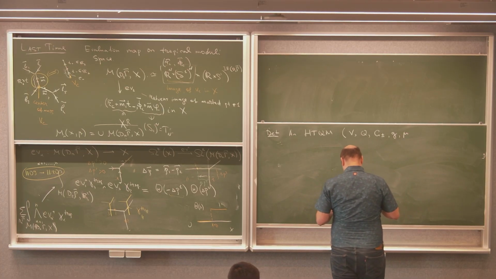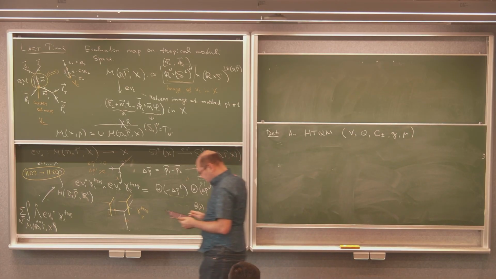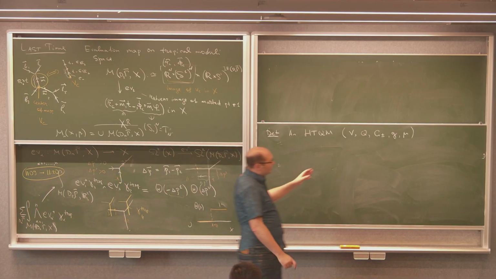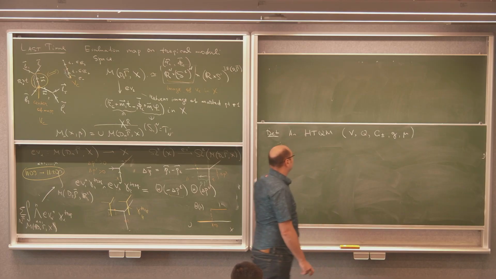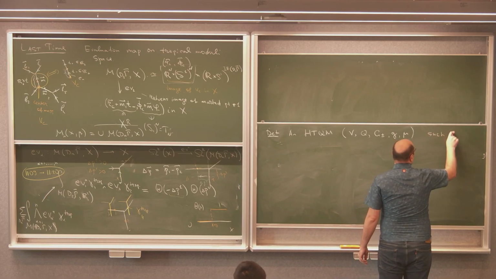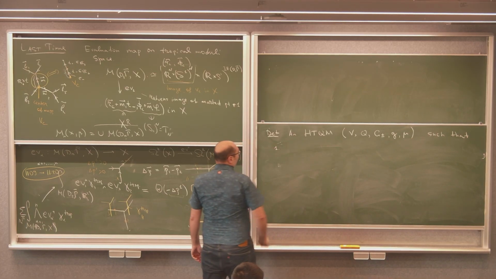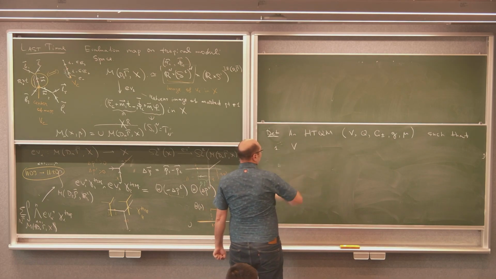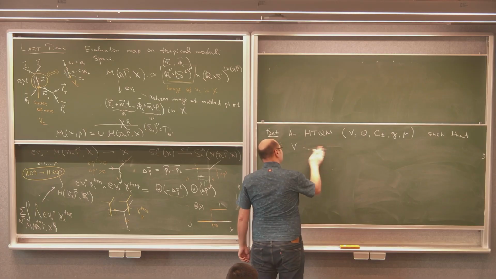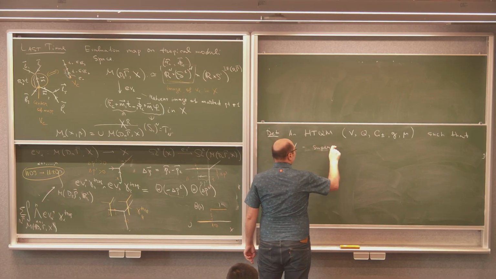Let me give a definition straight away for the case of graphs. So an HTQM is a collection of the following data, such that. Okay, so we start with V. So V is a vector space. Okay, let's be more precise: a super vector space.